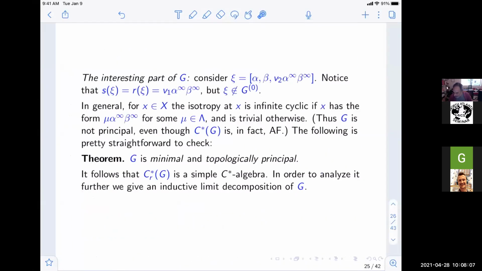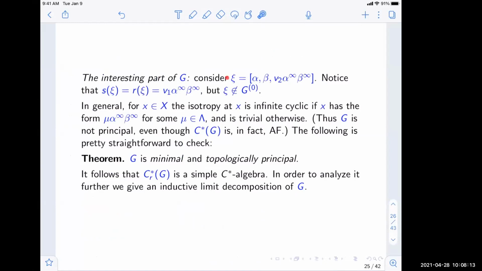Okay, and now, as I mentioned, this groupoid has isotropy, and here's where it comes from. So we look at this element C, where our first two factors or coordinates in the triple are alpha and beta, and then we have infinitely many alphas and betas after that. So this is the example we saw earlier that has the same source and range, namely alpha infinity, beta infinity, but it's not a unit.